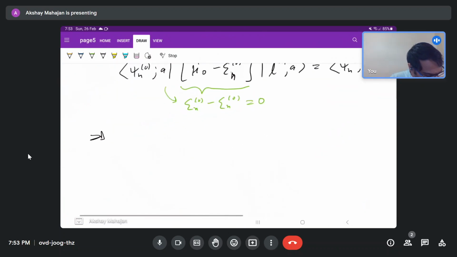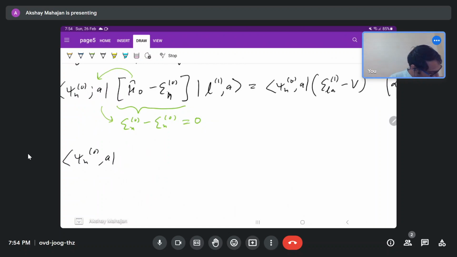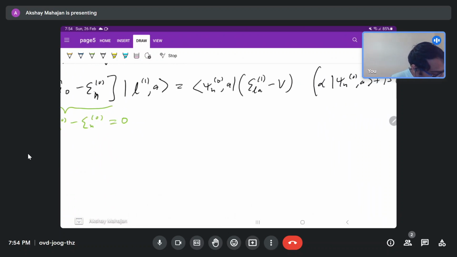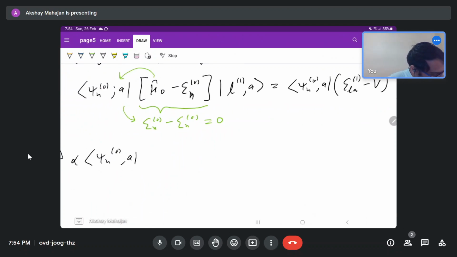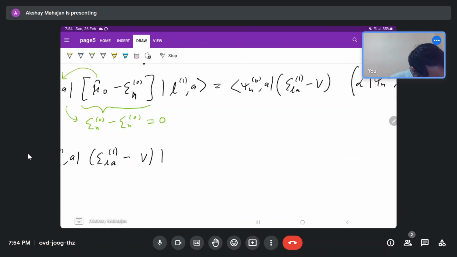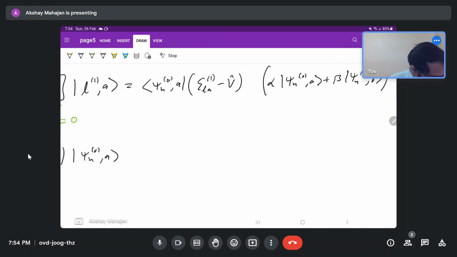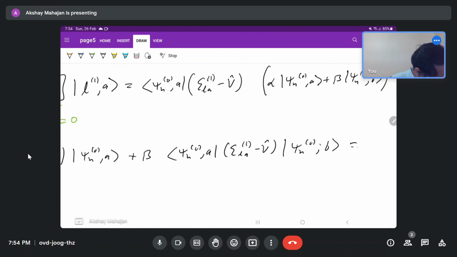Applying this here, what we are getting is psi n of 0 of a times E L of a of 1, so I will have alpha, which I can take common, times (E L a of 1 minus V cap) times psi n of 0 of a, plus beta times psi n of 0 of a (E LA1 minus V cap) times psi n of 0 of b. That has to be equal to 0.